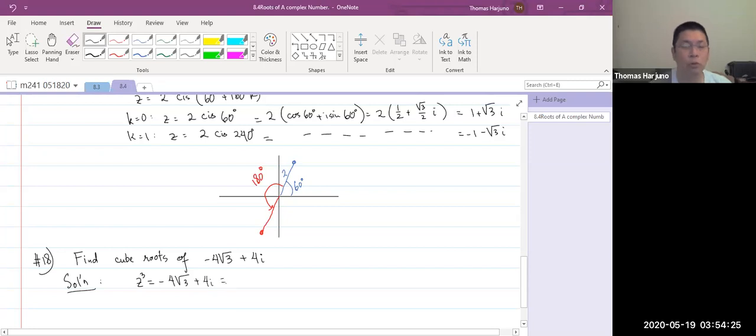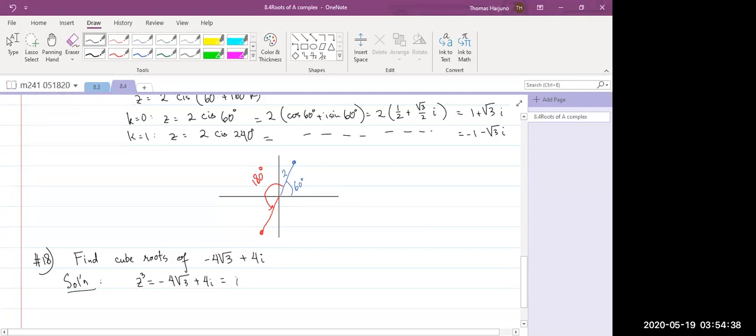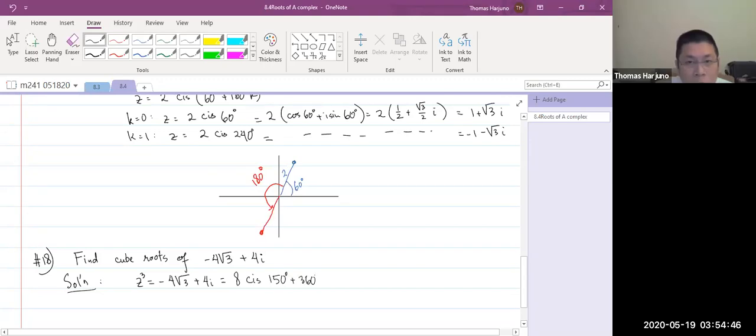This is equal to what, in trigonometric form? 8 cis (150 degrees plus 360 degrees k).